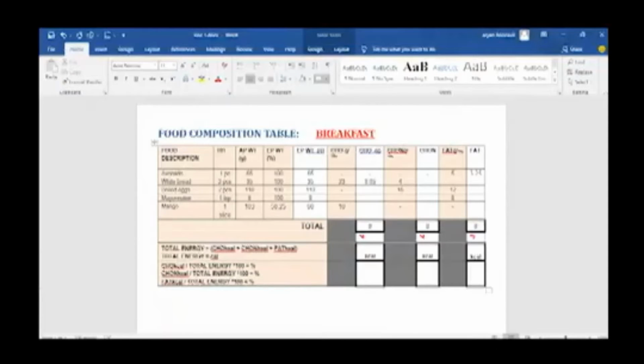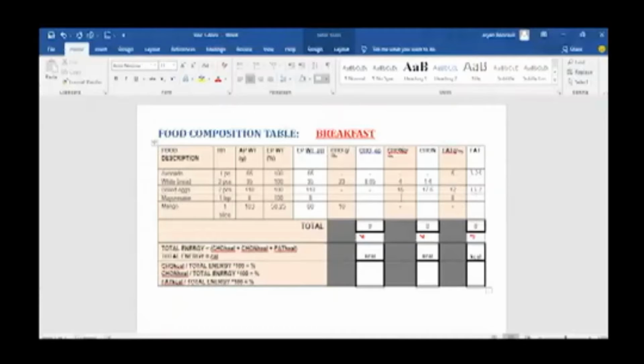Then for its protein, 4 times 35 divided by 100 is 1.4, and 0 grams for fat. Then for boiled eggs, 0 for carbohydrates. For protein, 16 times 110 divided by 100 is 17.6. Then for fat, 12 times 110 divided by 100, which is 13.2.